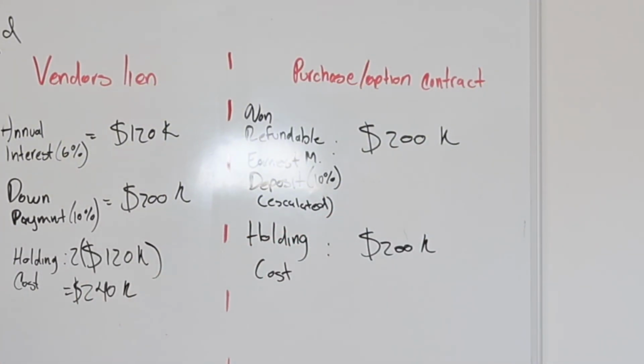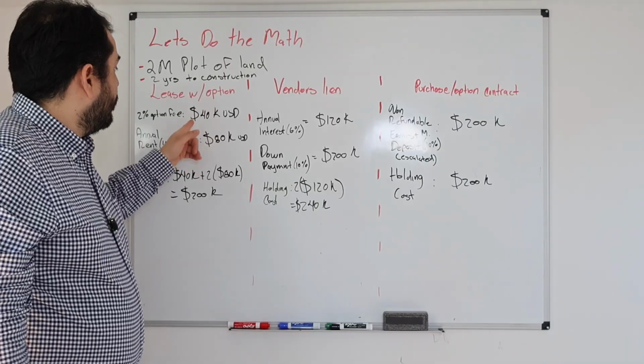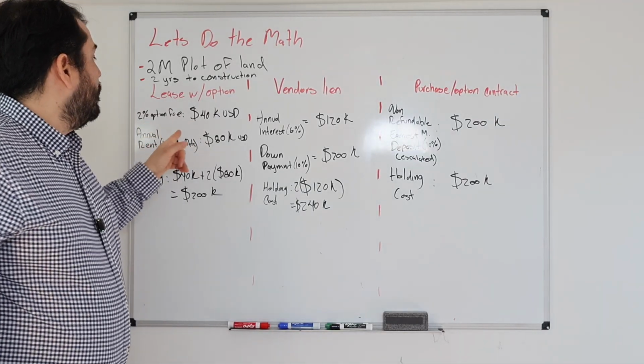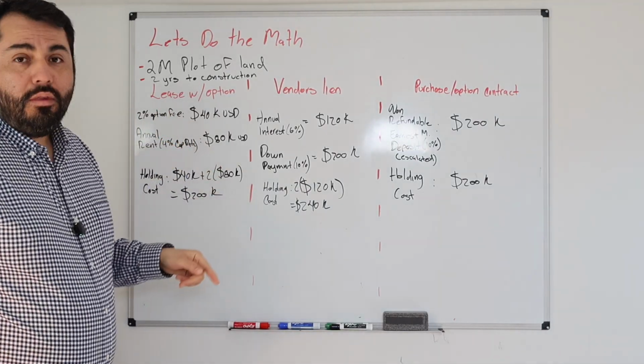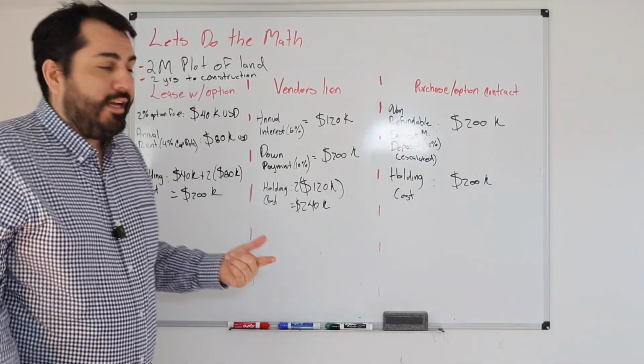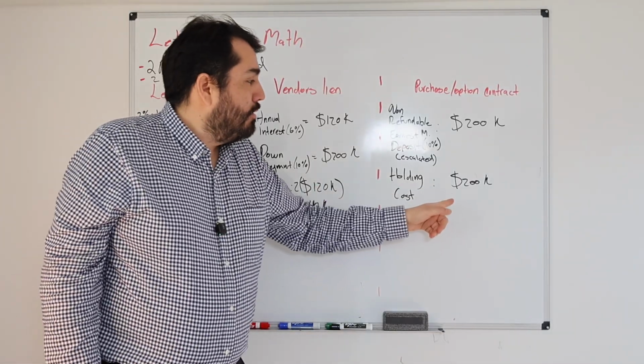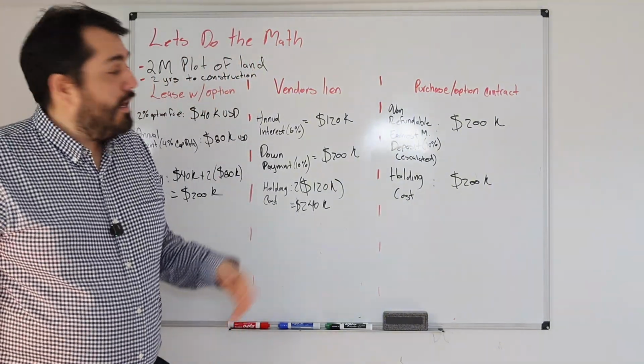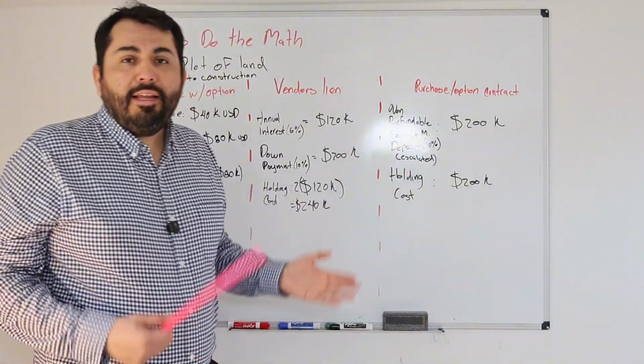That will be less risky than the lease, because on the lease we have to put upfront $40K and then start paying the rent. So in that case I will choose this one. But we can negotiate many ways to do it.